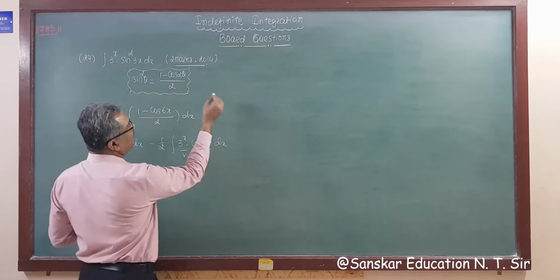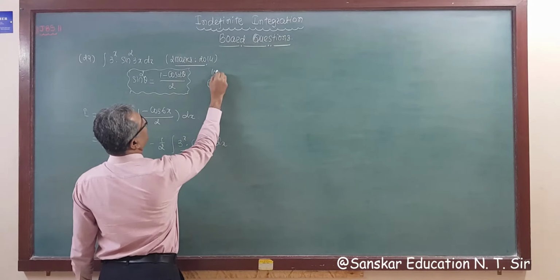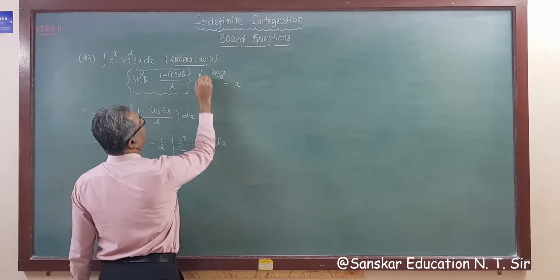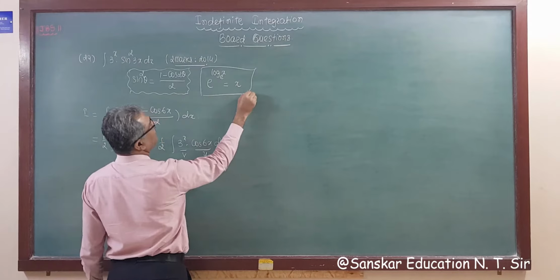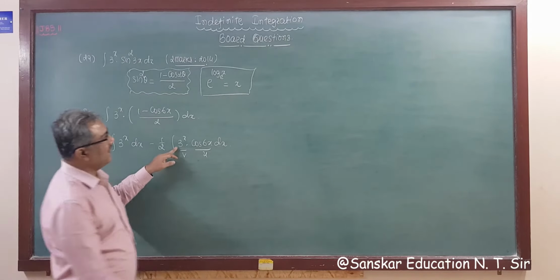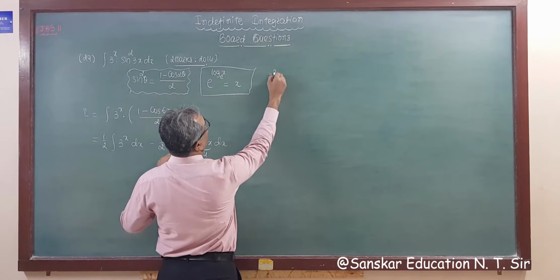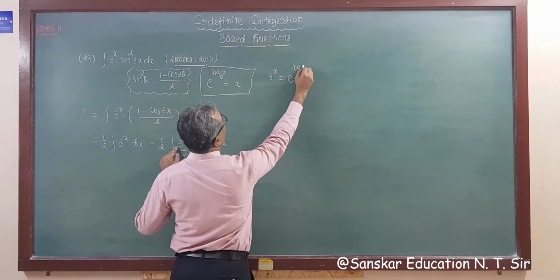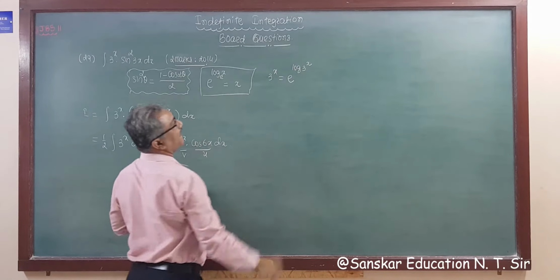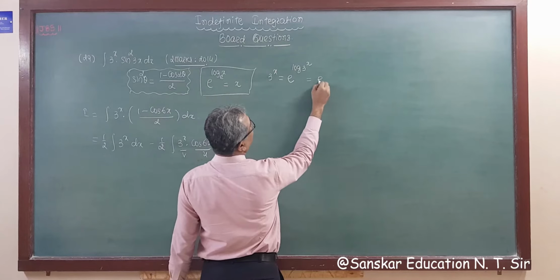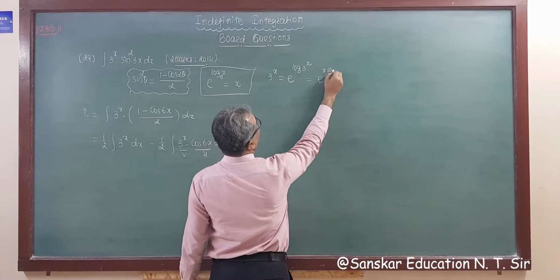See, you have one formula also: e raised to power log x base e, then the answer is x. This you know, right? So instead of 3 raised to x, can I write like this? 3 raised to x is equal to e raised to log 3 raised to x, that is e raised to x log 3.